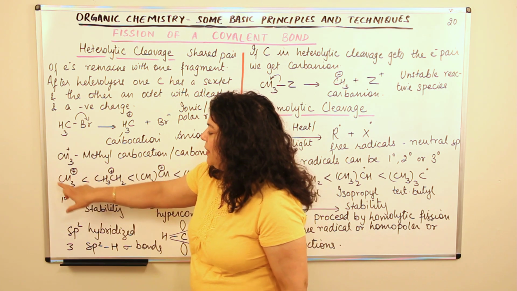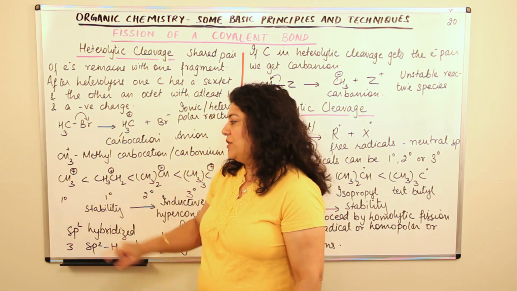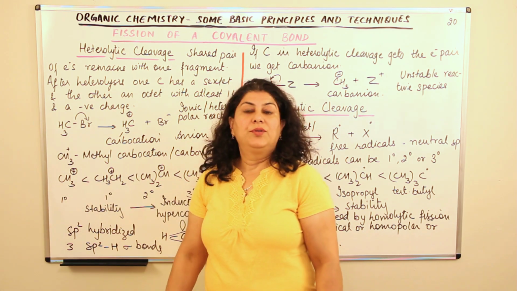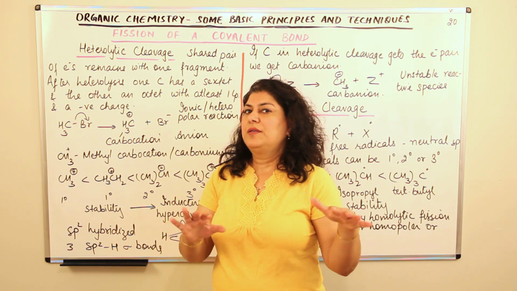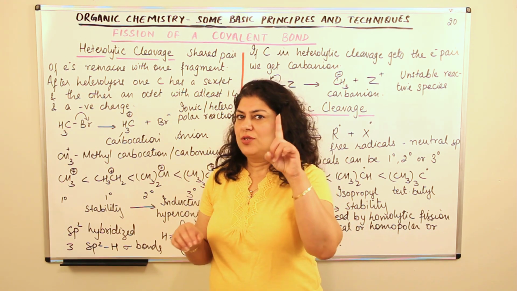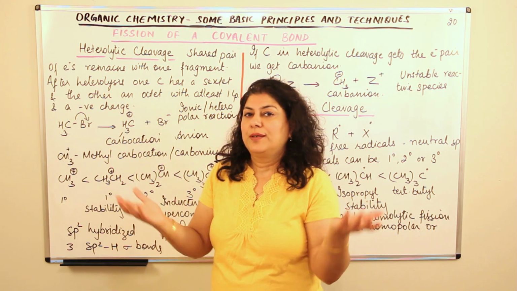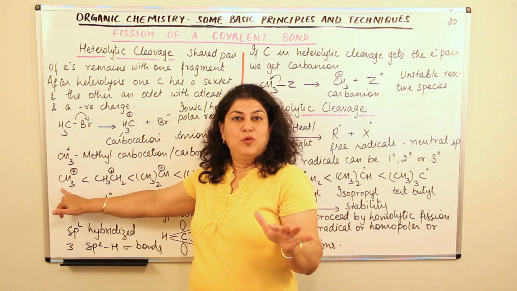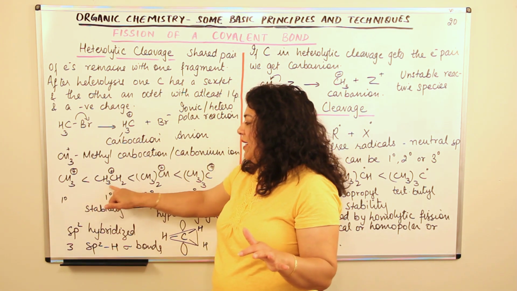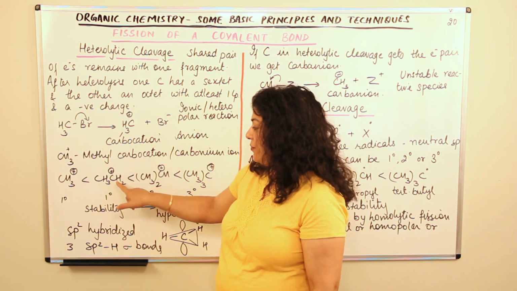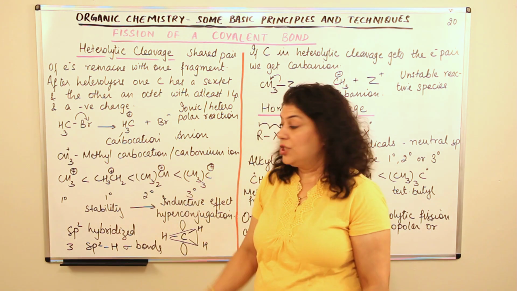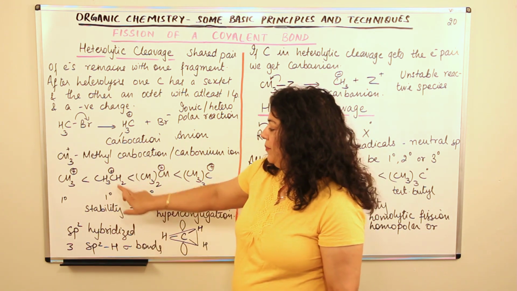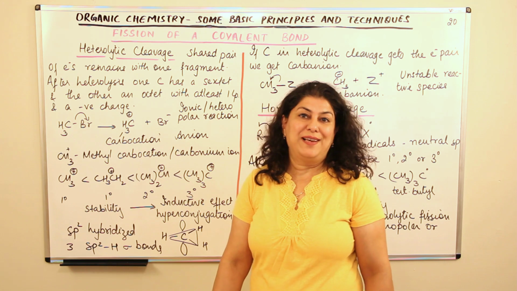So here in methyl, this carbon has a positive charge and it is attached to 3 hydrogens, but there is no other carbon attached to it, only hydrogens. So it is a primary carbocation. In CH3CH2 positive, this carbon has the positive charge, this is the alpha carbon, and it is attached to one more carbon atom.